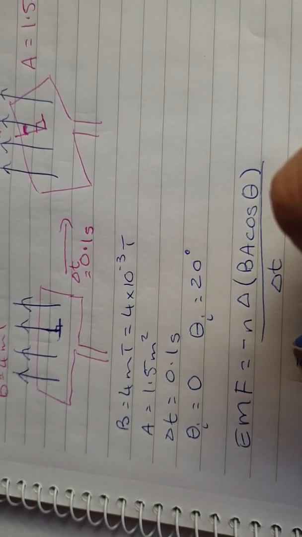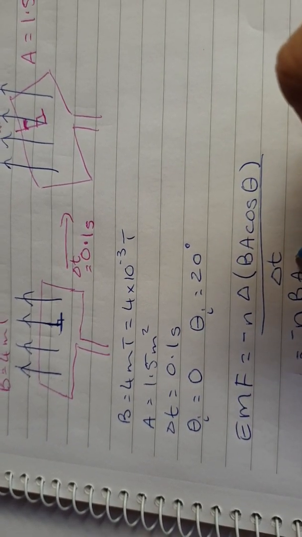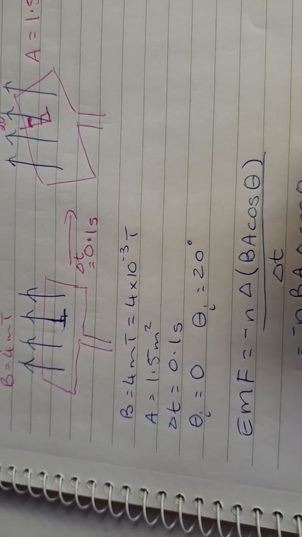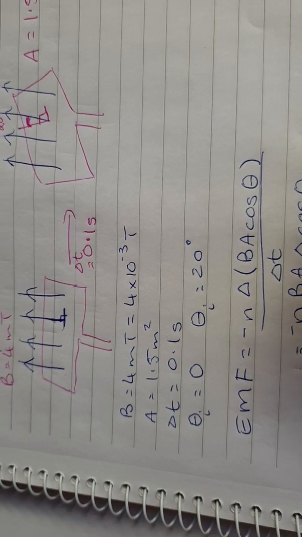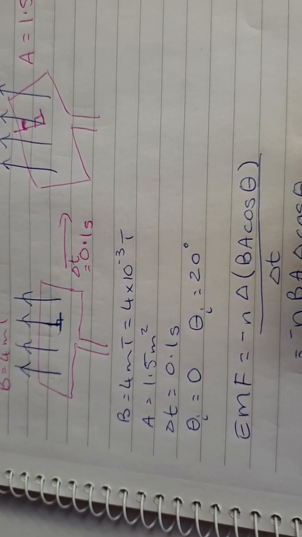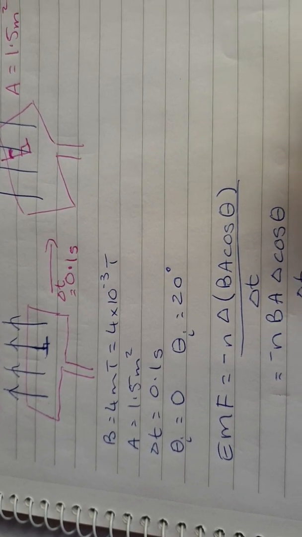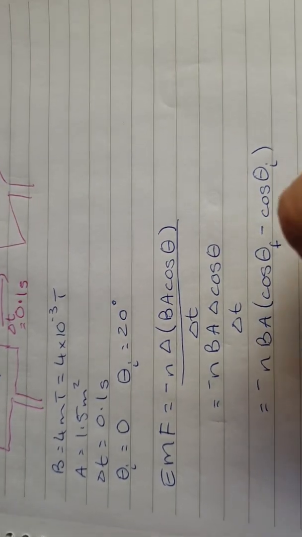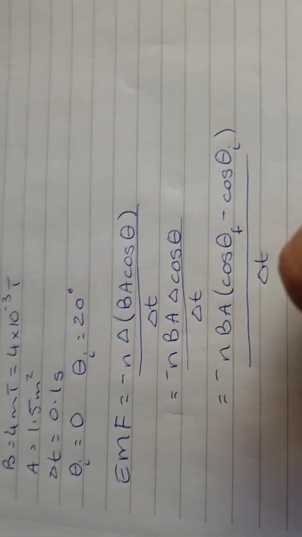So it'll be negative N BA change in cos theta over change in time, negative N BA times cos theta F minus cos theta I, divided by change in time.